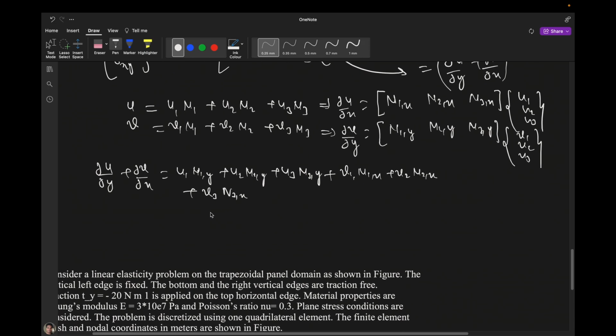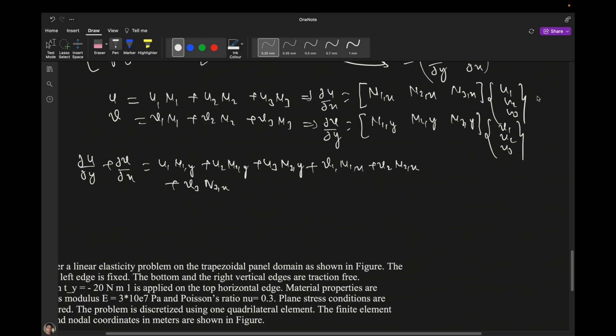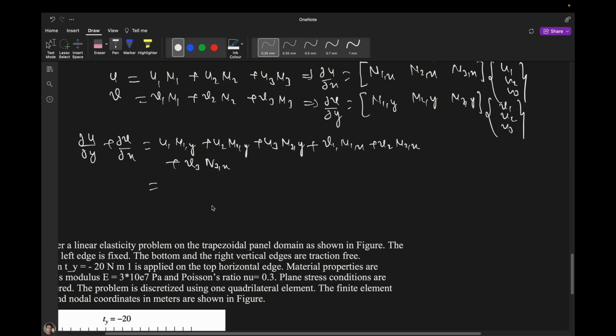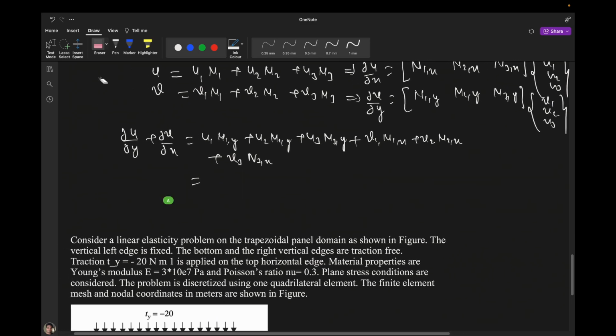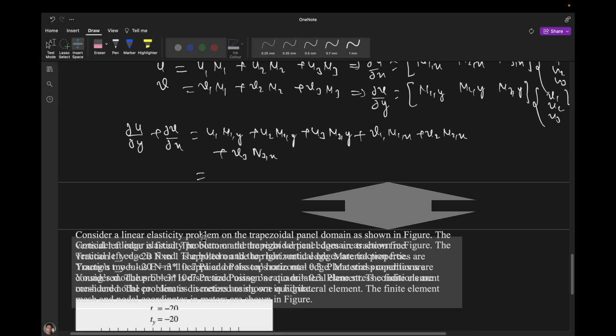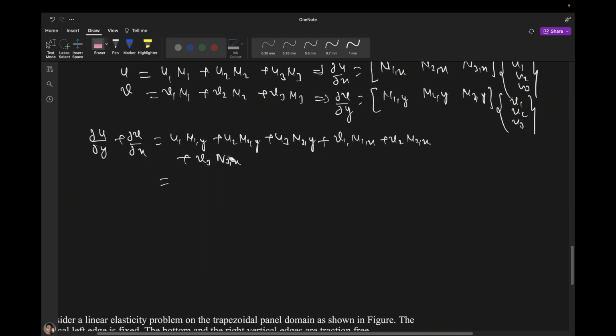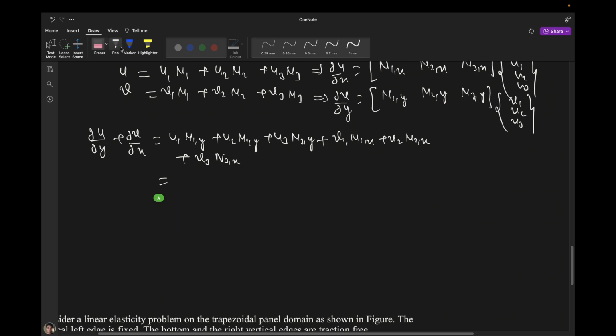Now I want to combine these. If I want to write this whole thing in matrix form, how can I write it?